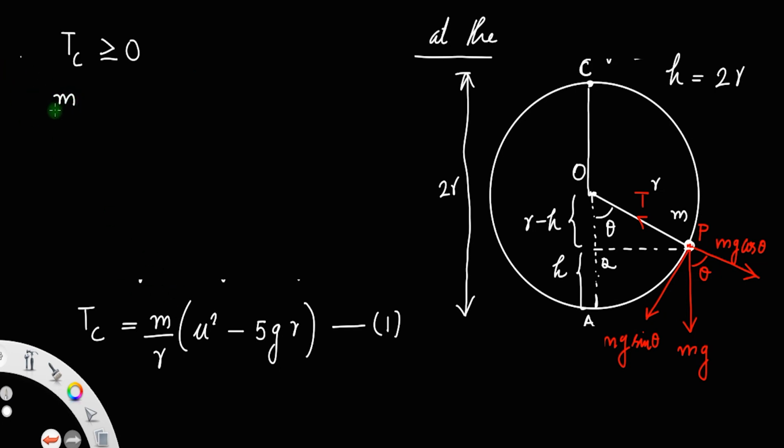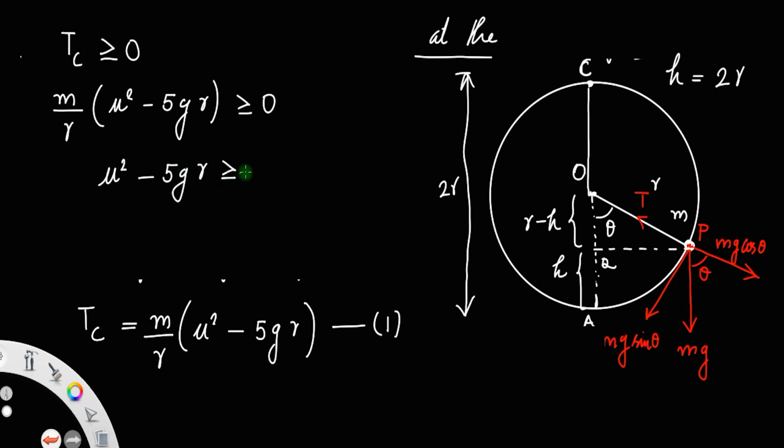So substituting, you get m by r times u square minus 5gr must be greater than or equal to 0. Mass can't be 0, radius can't be 0. So u square minus 5gr must be greater than or equal to 0, or u square greater than or equal to 5gr.